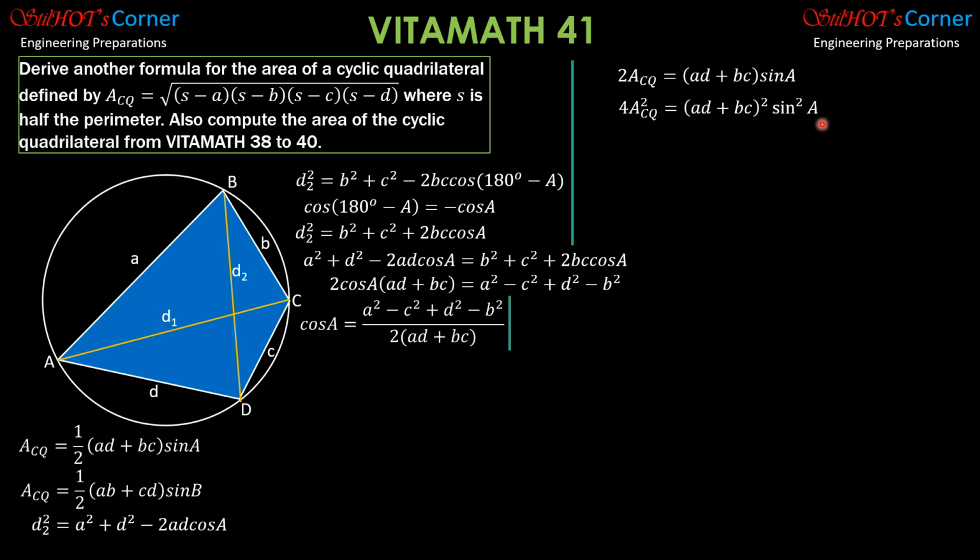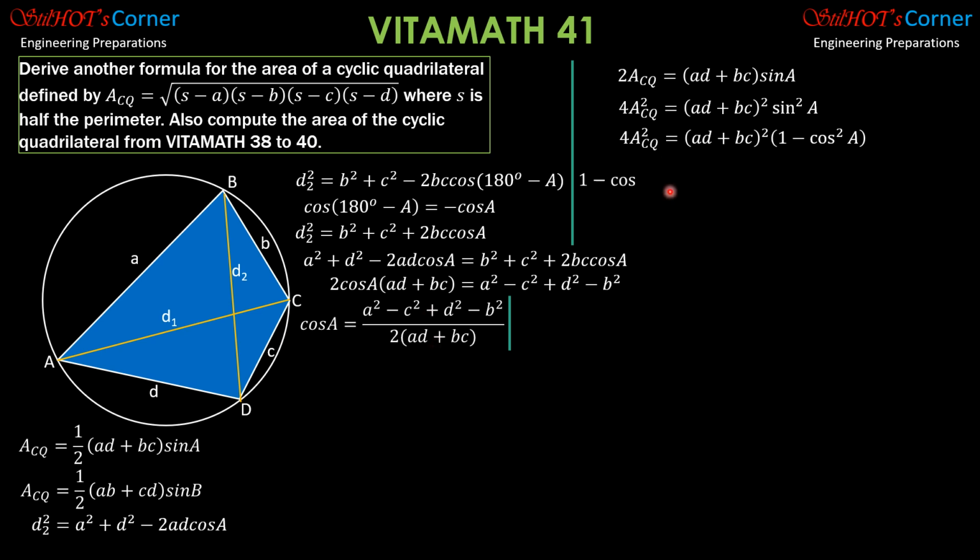And take note that by trigonometric identities, sine squared of A is 1 minus cosine squared of A. So for area of cyclic quadrilateral squared is quantity AD plus BC squared times 1 minus cosine squared of A. So let us obtain the value of 1 minus cosine squared A because cosine A is here. If we square it, then we just square the numerator and the denominator.